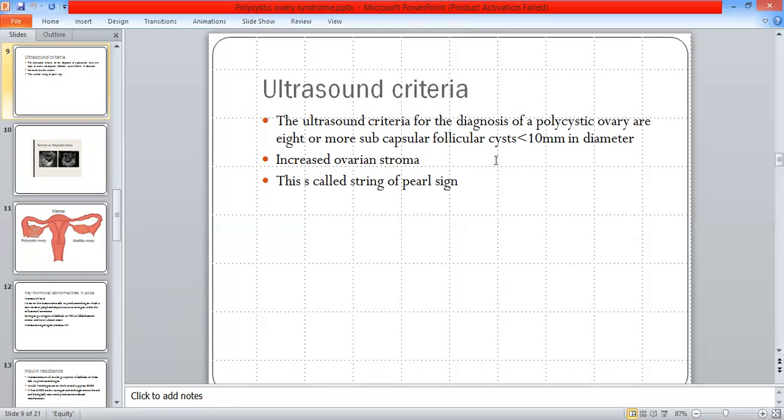The polycystic appearance on ultrasound is called the string of pearls sign.